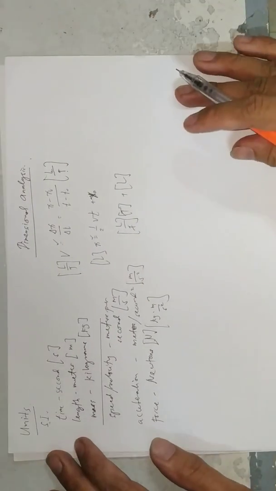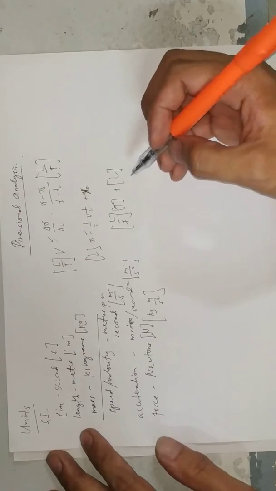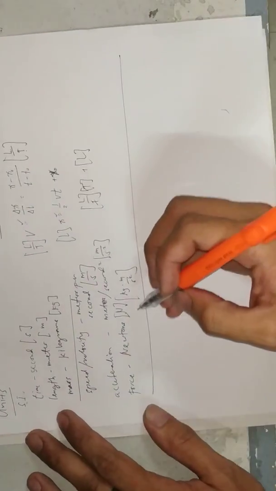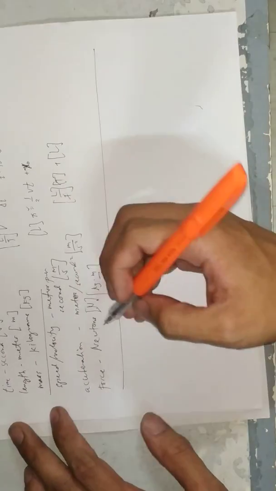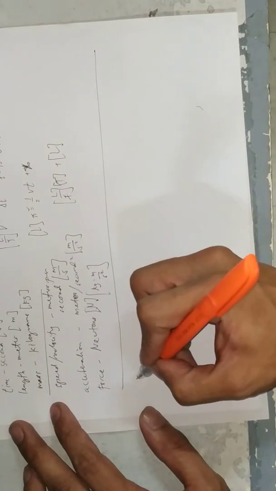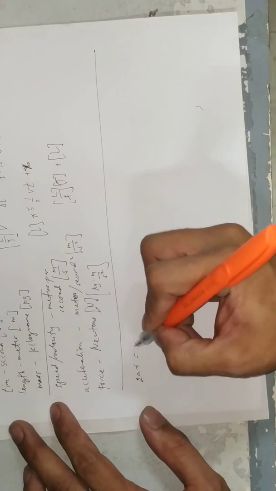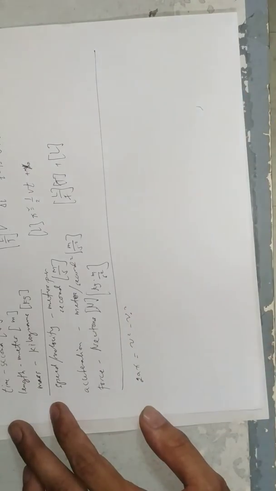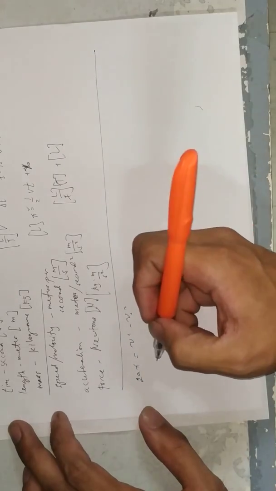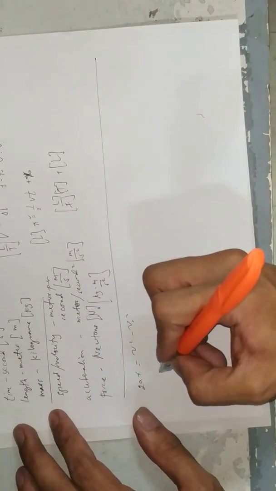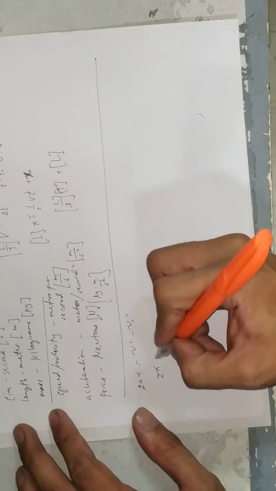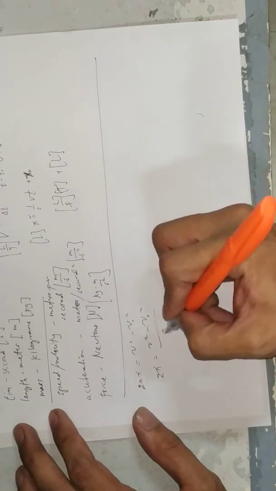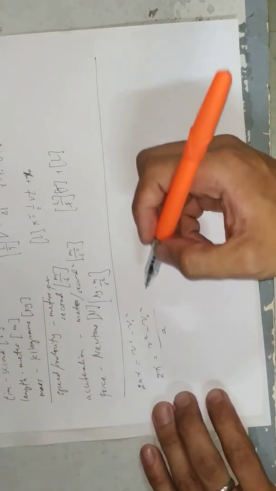Okay, let's have another kinematic equation. That would be 2ax equals v square minus v initial square. I can rewrite this equation as 2x equals v square minus v initial square over a. So let us analyze the dimensions.